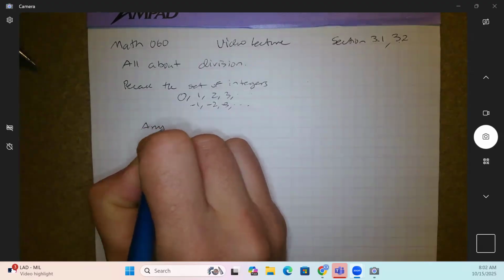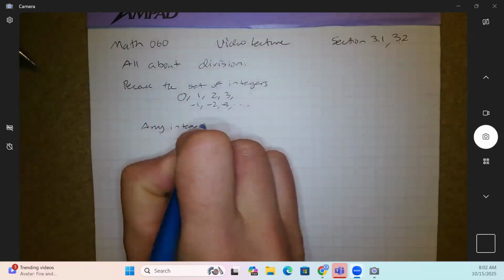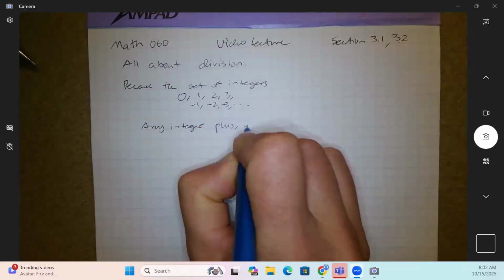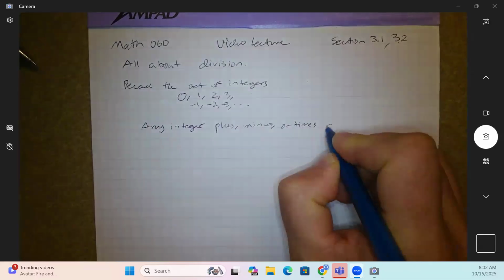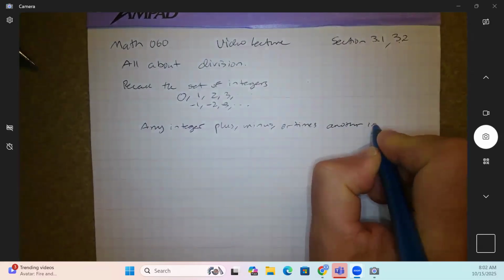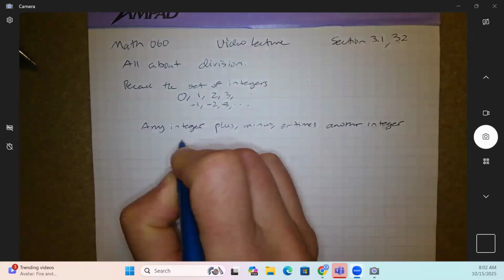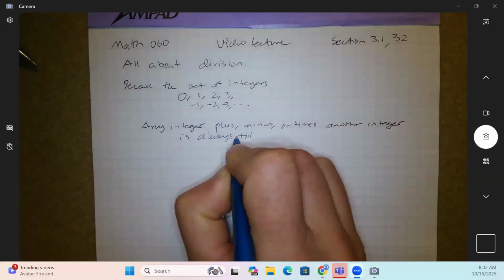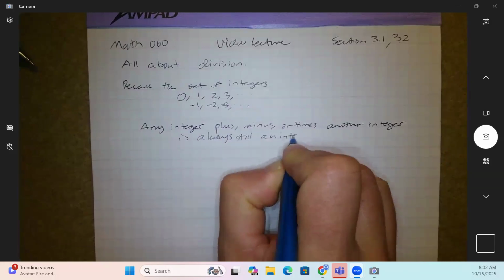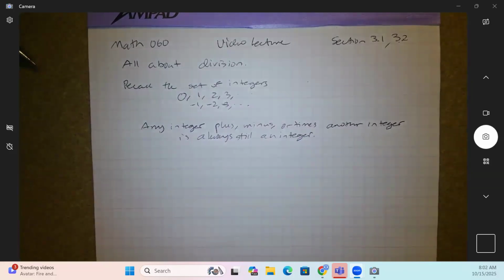So any integer plus, minus, or times another integer is always still an integer, which is one of the things that makes integers really nice to work with.